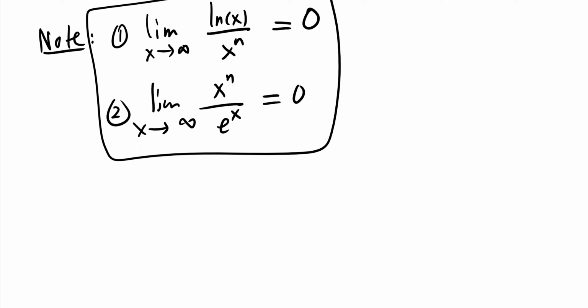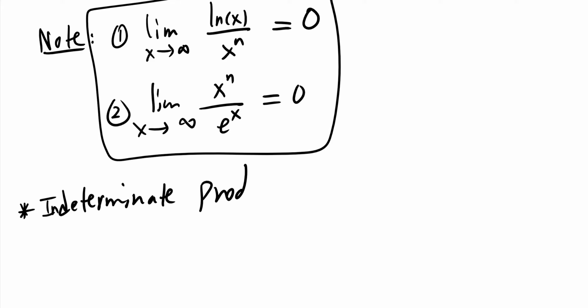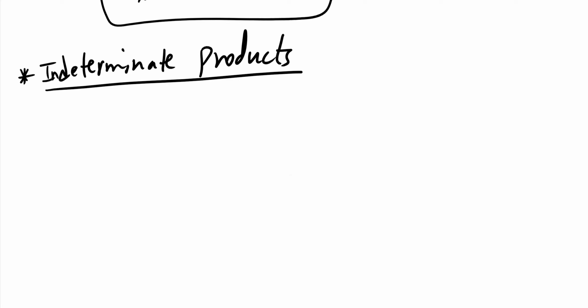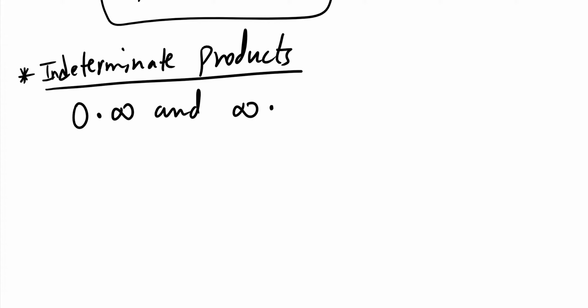What about other indeterminate forms? So let's call it indeterminate products. So indeterminate products, what does it say? We have 0 times infinity and also infinity times infinity.